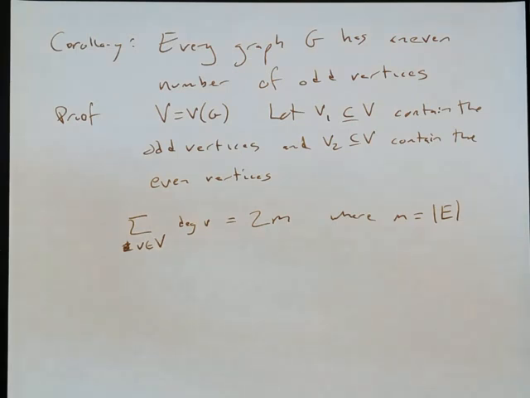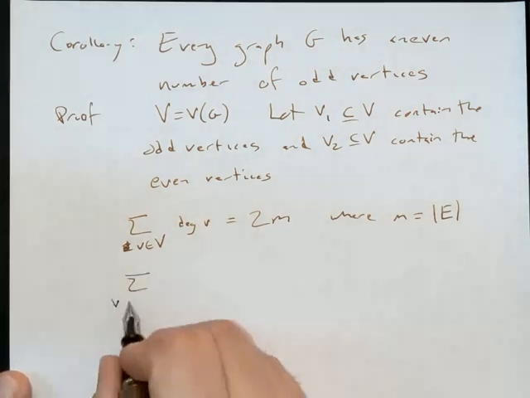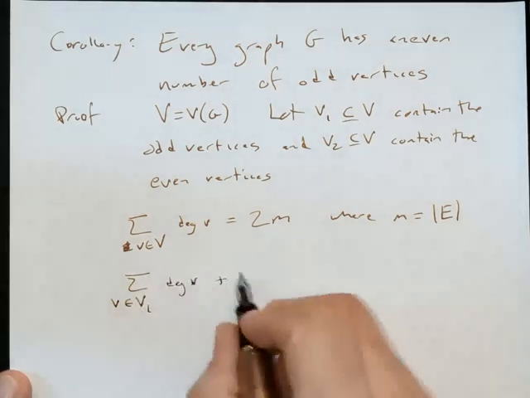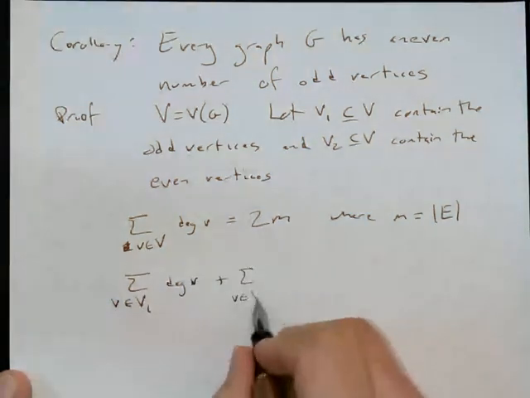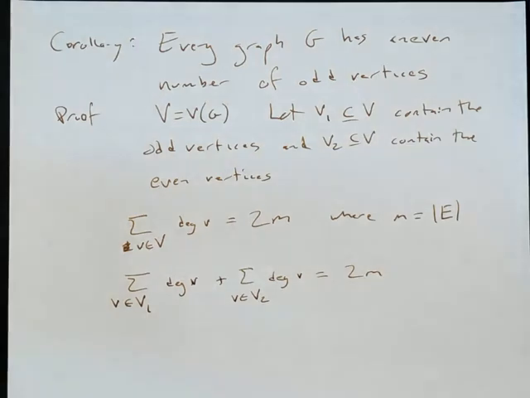It's really two sums, right? It's the sum of all the vertices in V1 and the sum of all the vertices in V2. I am 100% sure this number on the right is even.